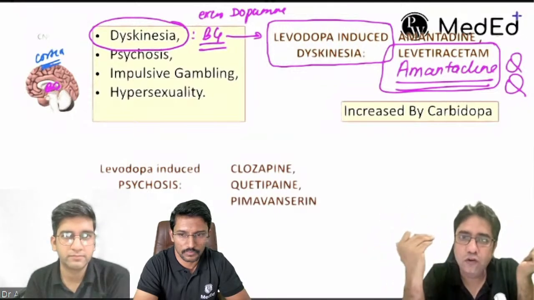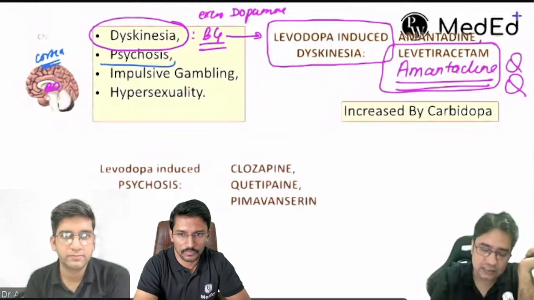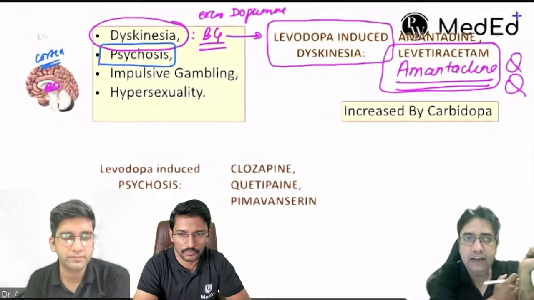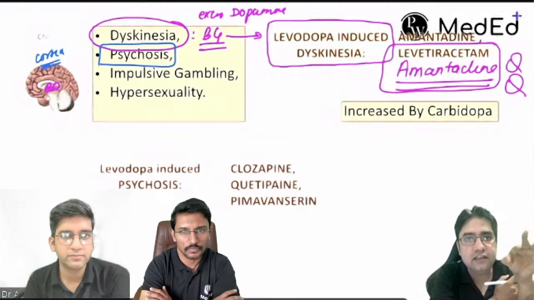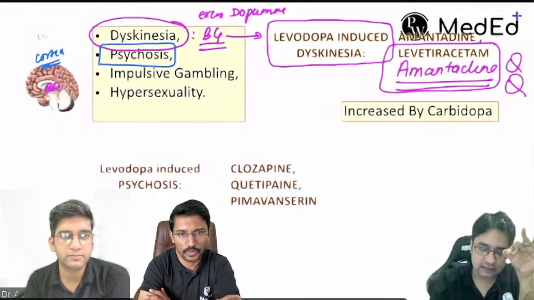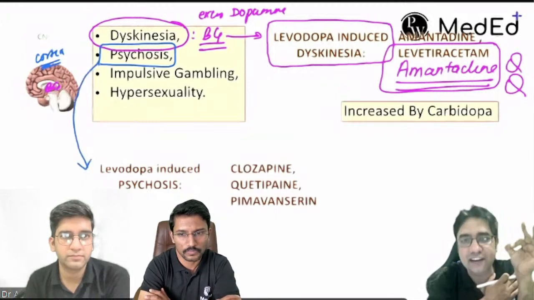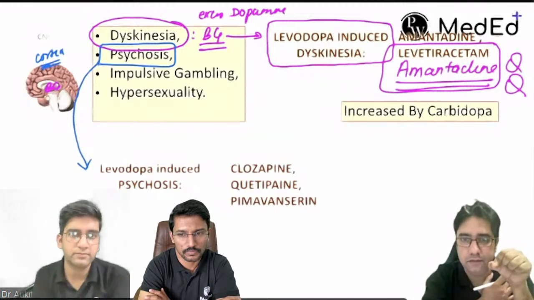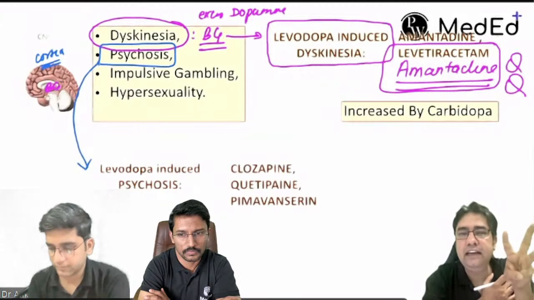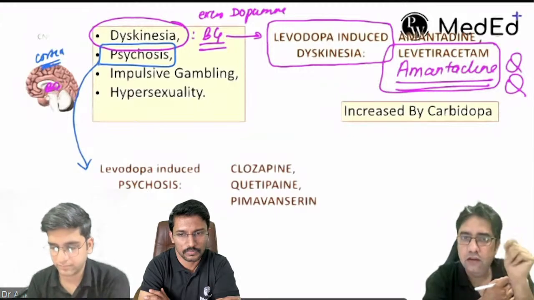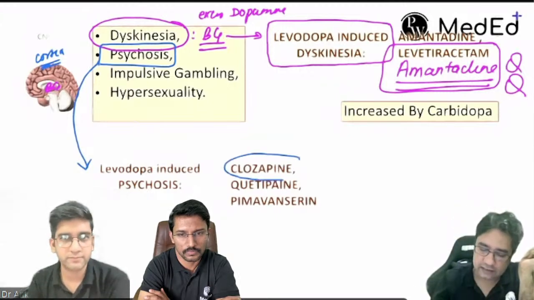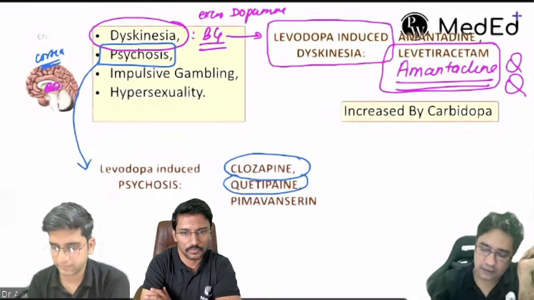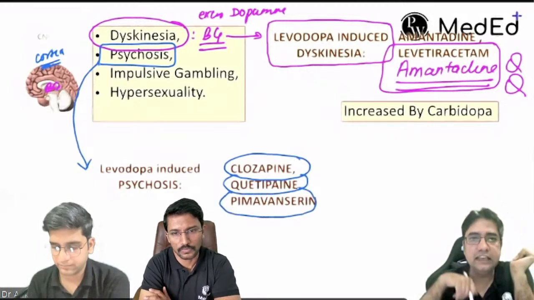So excess of dopamine in the cortical area can lead to psychosis. Agreed? Now to treat this levodopa-induced psychosis, we have to give certain antipsychotic drugs that should not interfere with the dopamine receptor. And three antipsychotic drugs have been approved for levodopa-induced psychosis: clozapine, quetiapine, and pimavanserin.